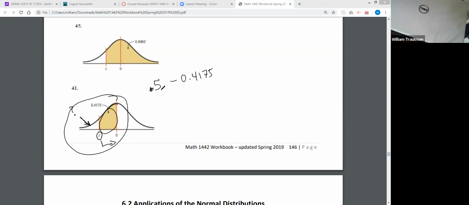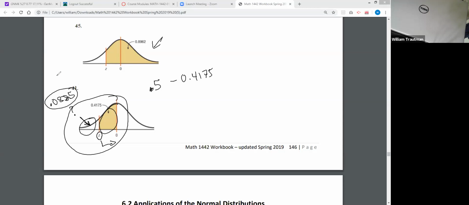Because only half of it is shaded, it stops at 0. See, the other one, the whole thing was shaded in, so we said 1 minus. But here, half of it, so 0.5 minus 0.4175. So the shaded part, the part that we're looking for, is 0.0825.